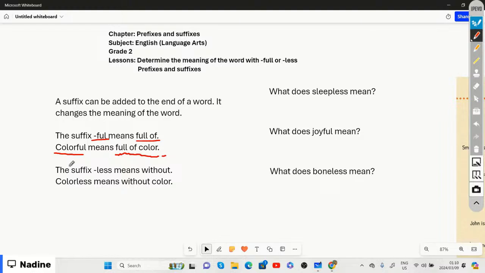And then we also have the suffix less, and the suffix less means without. So if we look at the word colorless, it means without color.